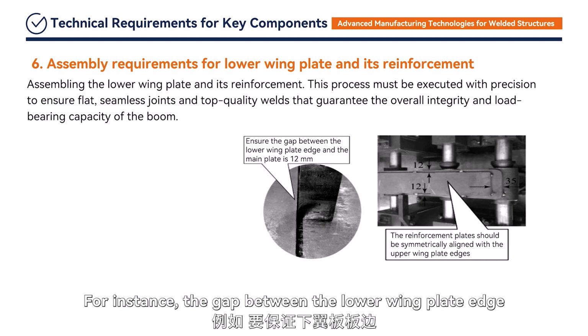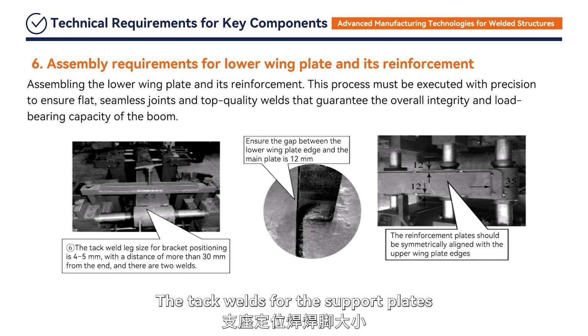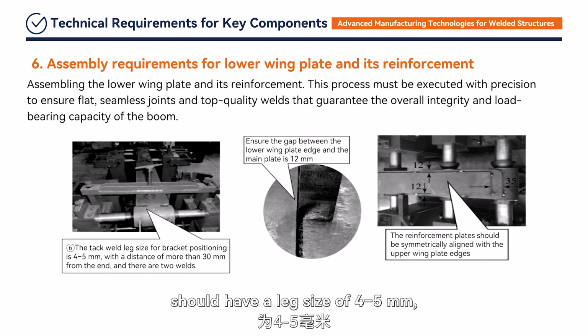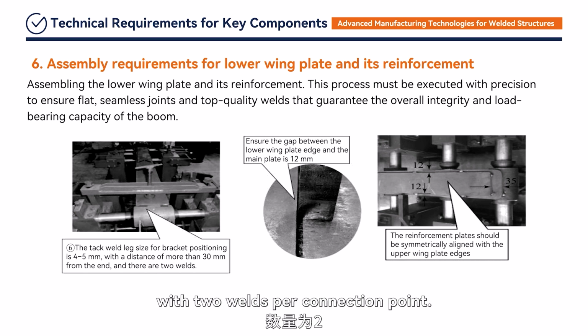For instance, the gap between the lower wing plate edge and the main plate should be 12 millimeters. The reinforcement plates should be symmetrically aligned with the upper wing plate edges. The tack welds for the support plates should have a leg size of 4 to 5 millimeters, placed at least 30 millimeters from the end, with 2 welds per connection point.